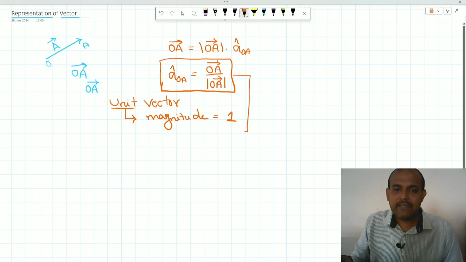Therefore, you know how to calculate a unit vector: any vector divided by its magnitude gives a unit vector. And if you calculate the magnitude of a unit vector, it will always be equal to 1.